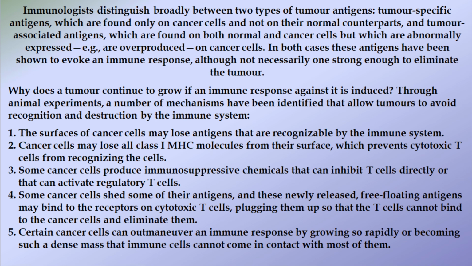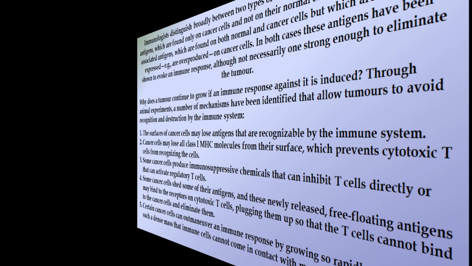Some cancer cells shed some of their antigens, and these newly released, free-floating antigens may bind to the receptors on cytotoxic T cells, plugging them up so that the T cells cannot bind to the cancer cells and eliminate them. 5. Certain cancer cells can outmaneuver an immune response by growing so rapidly or becoming such a dense mass that immune cells cannot come in contact with most of them.